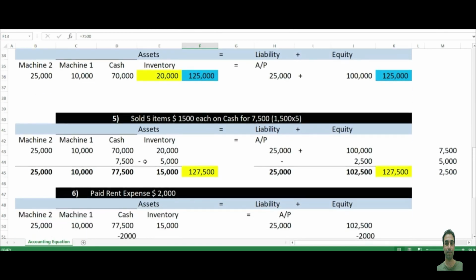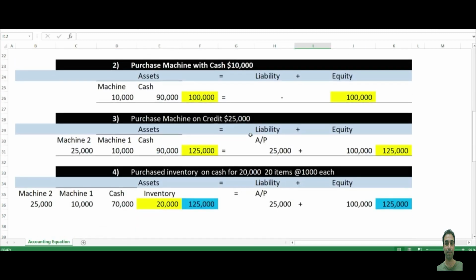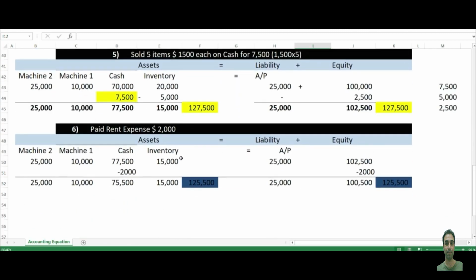So let's see. Yes, here 7,500 cash has been increased, and similarly you have given away your inventory. So inventory has been decreased with what? 5,000, because each inventory has a cost of 1,000. So 1,000 multiplied by 5 items, so 5,000 inventory has been decreased.